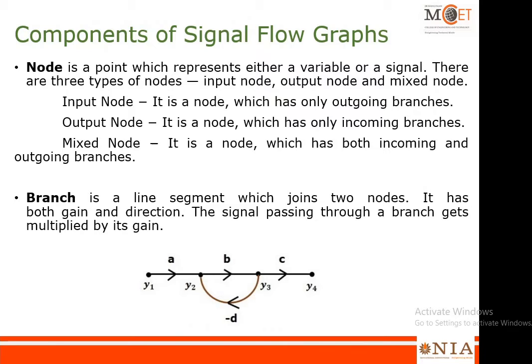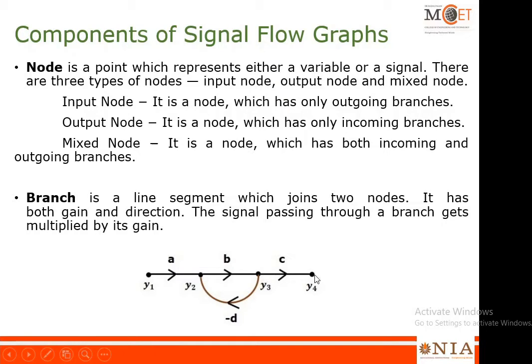One more point is, if we are going to have two loops, let us draw a bigger signal flow graph. If two loops are there in the signal flow graph, they are called non-touching loops when they don't share a common node. For example, if I draw a loop here, that loop and this loop do not share a common node, so you can call it a non-touching loop.